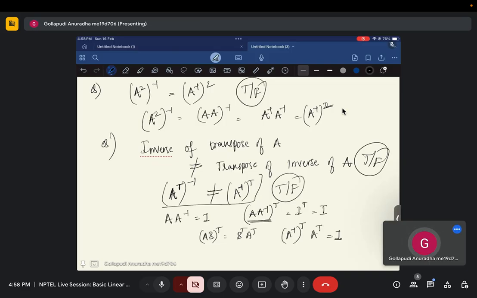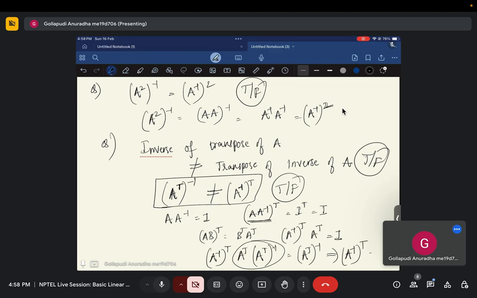Now I'm multiplying on this side by the inverse, so A transpose inverse, and this will be the identity matrix. That will give me A inverse transpose is equal to A transpose inverse. So they are equal, so this statement is false.